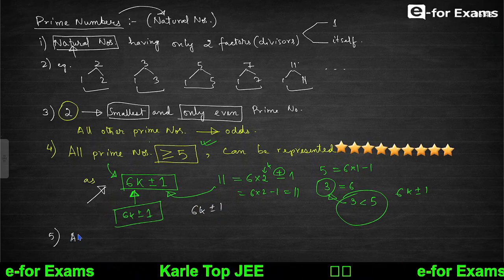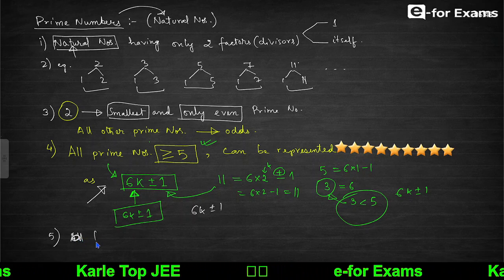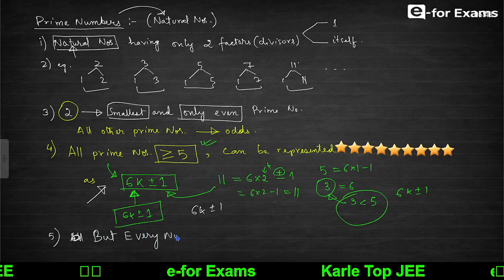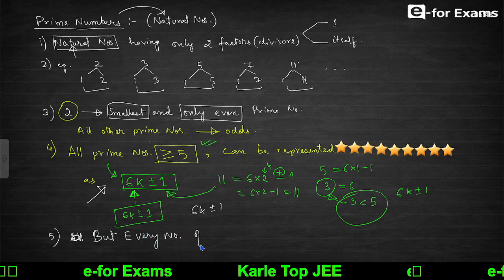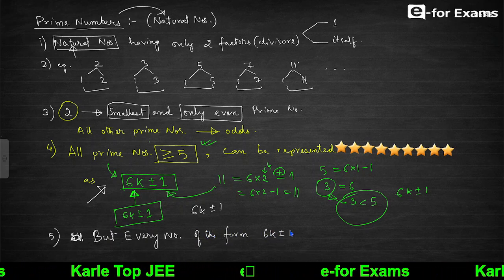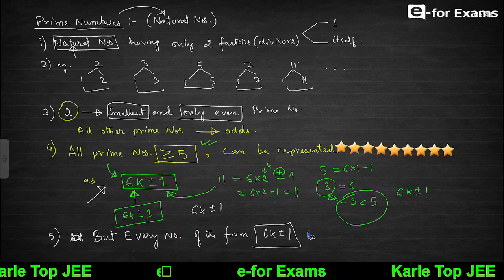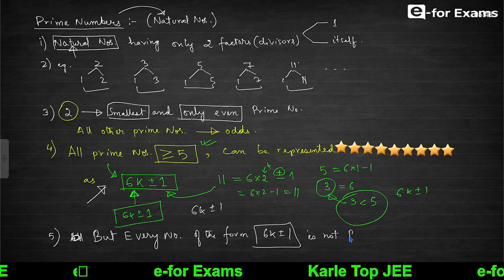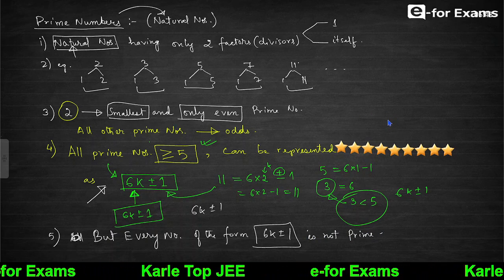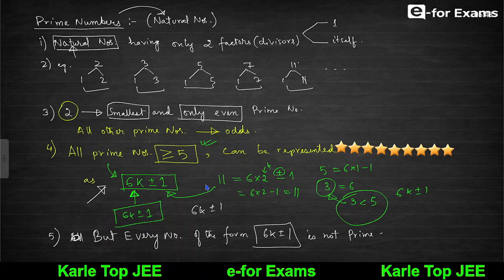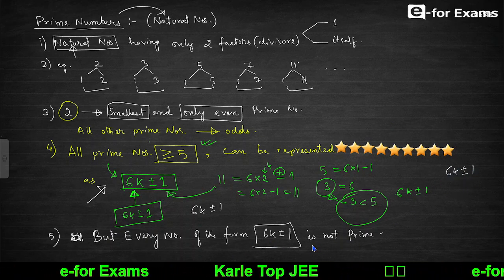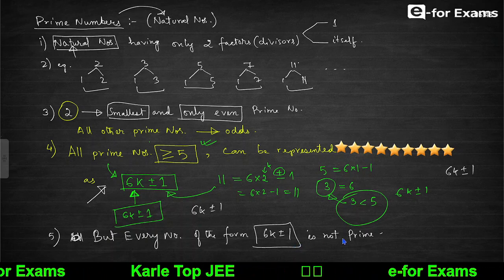But every number of the form 6k plus or minus 1 is not prime.